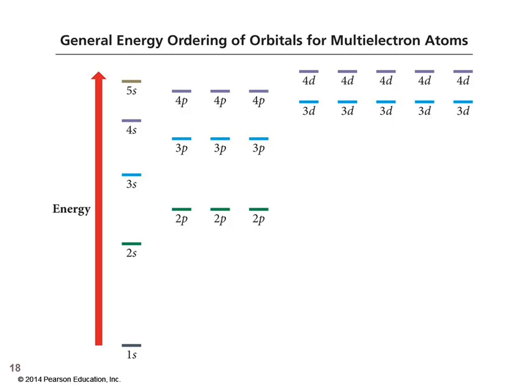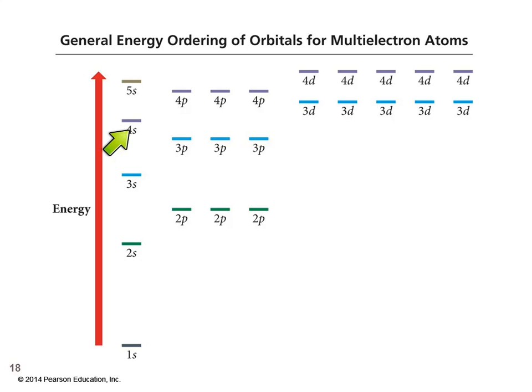And these orbitals will be filled from the lowest energy to the highest energy. So 1s is lowest, and then 2s, and then the 2p sublevel, and then 3s, and 3p, and everything's all nice until you get to that point. But the 4s is lower in energy than the 3d.